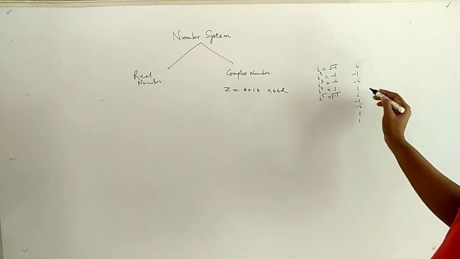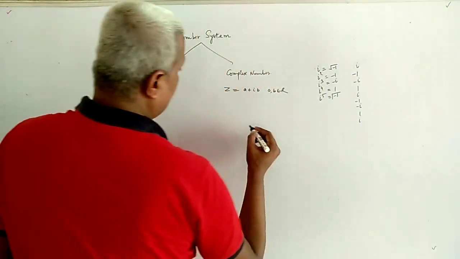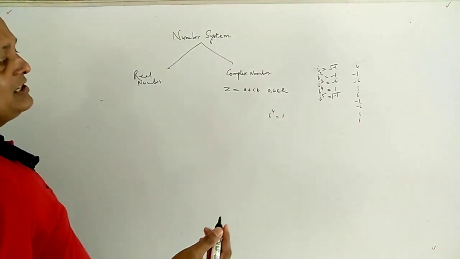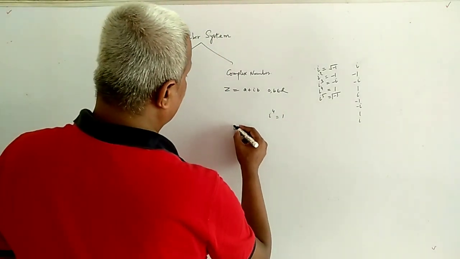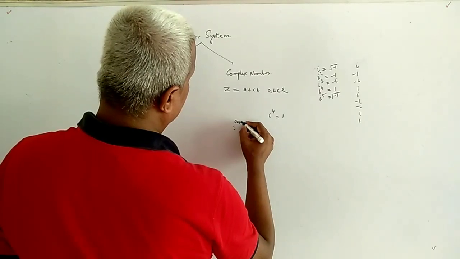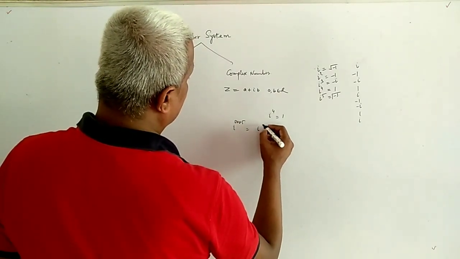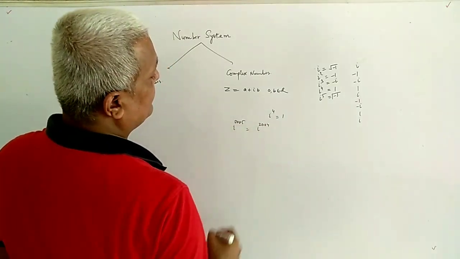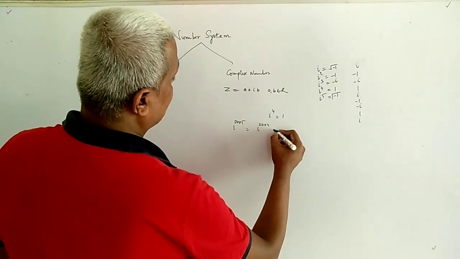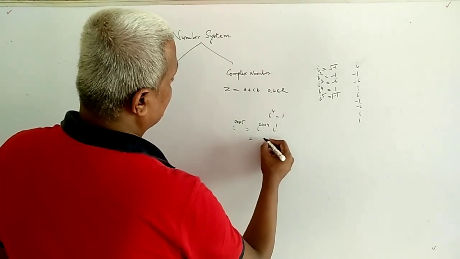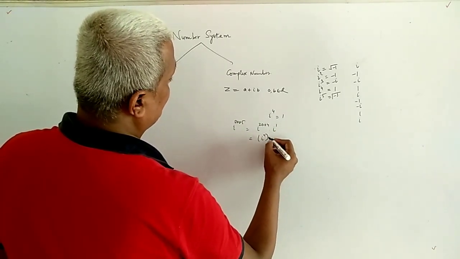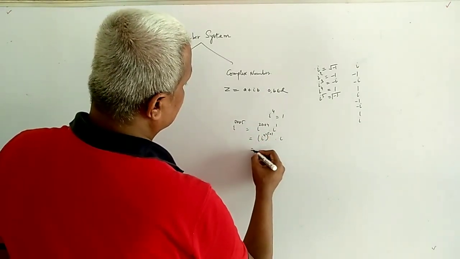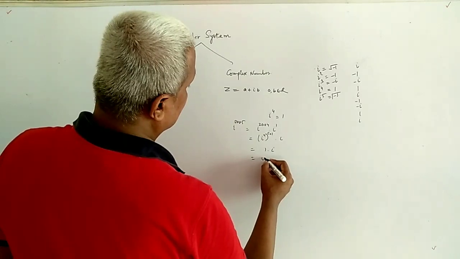So we can conclude that i to the power 4 is 1. Suppose someone is interested in finding the value of i to the power 2005. You can write it as i to the power 2004, because this number is perfectly divisible by 4, times i to the power 1. Now you can write this as i to the power 4 whole to the power 501, times i. This is 1 times i, so this is i.